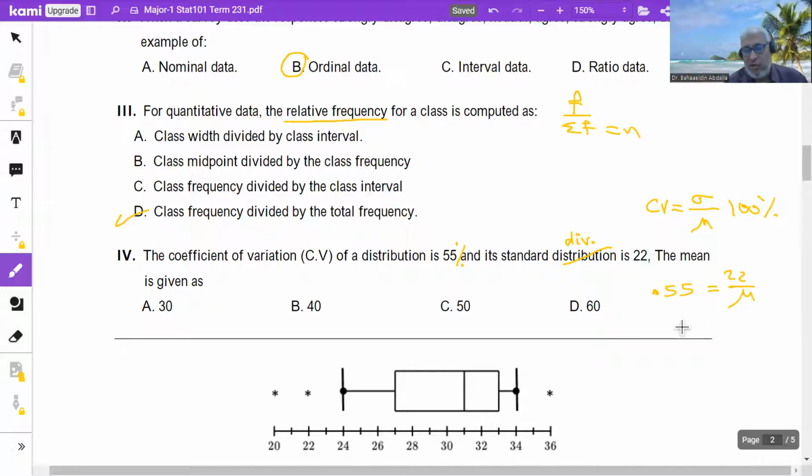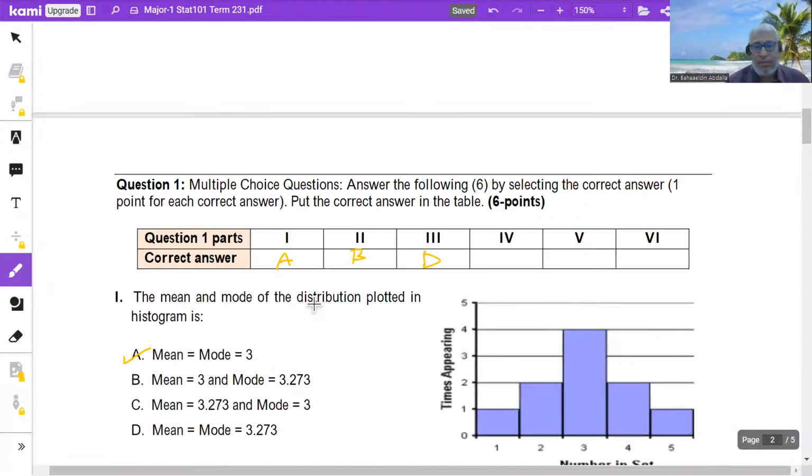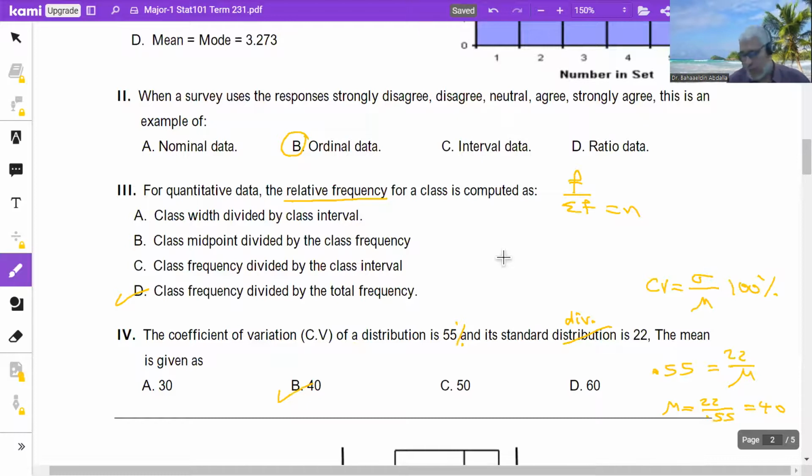If we solve this equation for mu, then mu would be 22 over 0.55. And the answer, if you use the calculator, would be 40. So 40 is the correct answer. The idea here is you have to divide 55 by 100, and then when you use the calculator, the answer is 40.